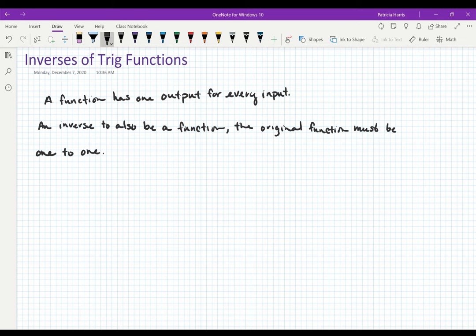Being 1-to-1 means that not only for every input do you only have one output, it means that for every input you have a unique output. So how we find that out is we use something called the horizontal line test.